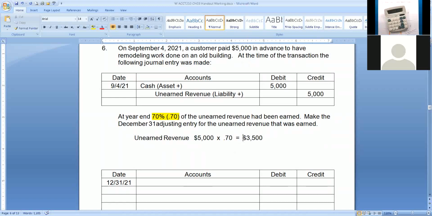Okay, so 70% of it is done, so that's the only way of saying that 3,500 of it was earned.